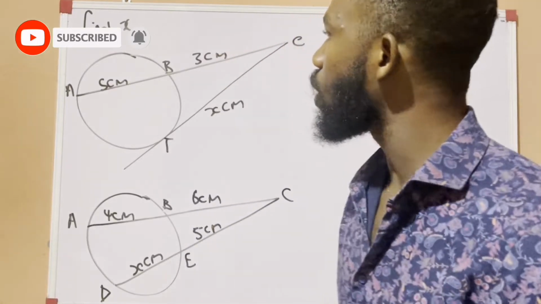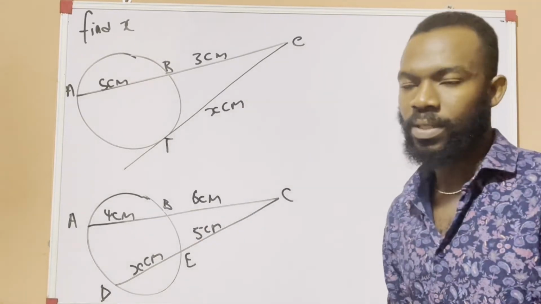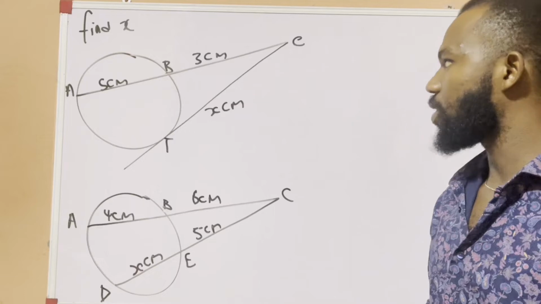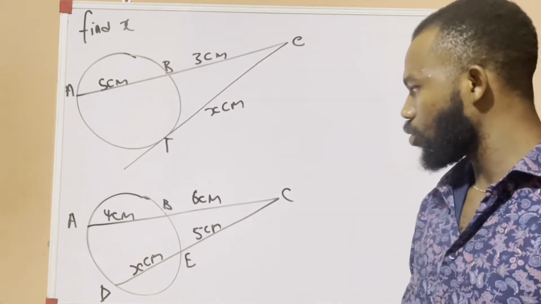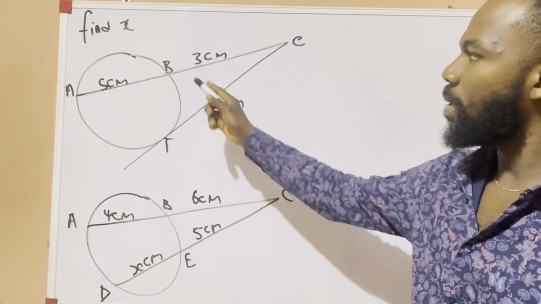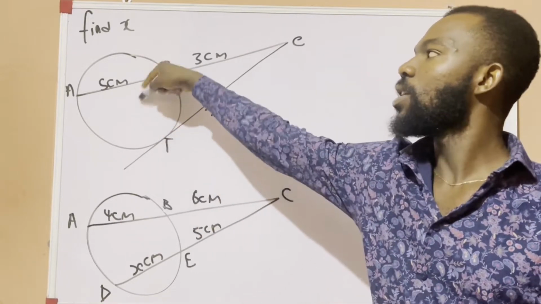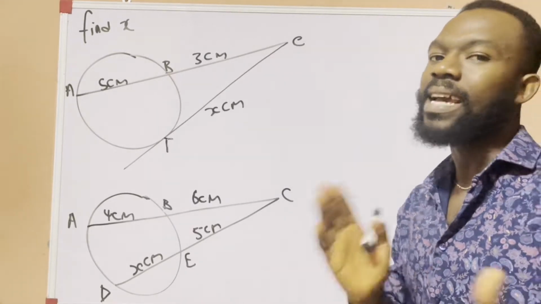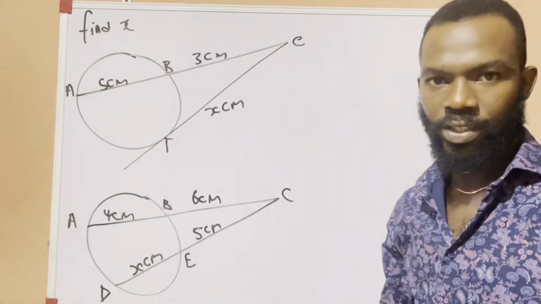And we have two questions on circle geometry, and let us see how we can solve these problems. In the diagram, we will find the value of x. You will notice that diagram 1 and diagram 2 are nearly the same, but the difference is that in diagram 1, line TC is a tangent to the circle at point T. A line is tangent to a circle when it touches any part of the circumference.